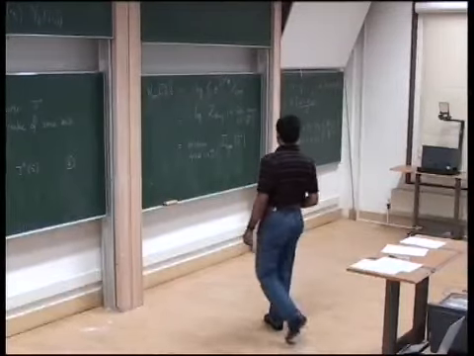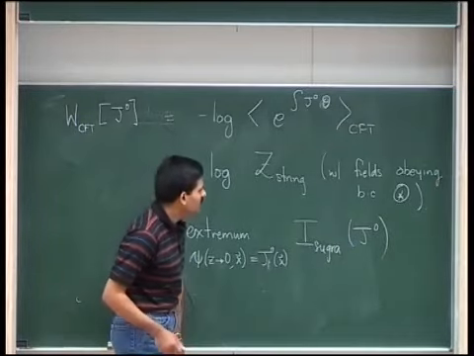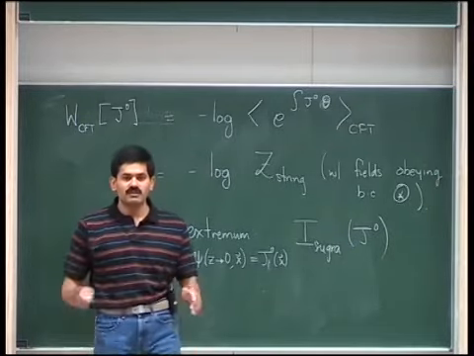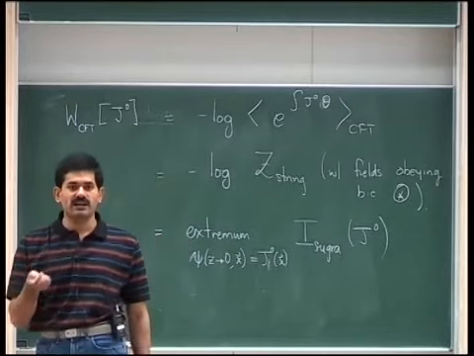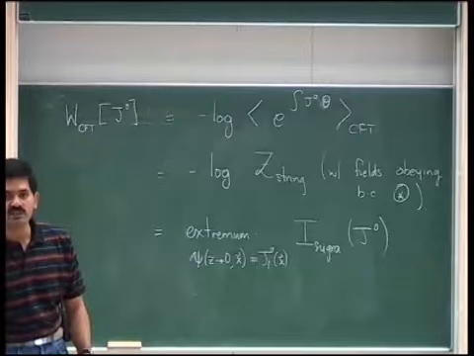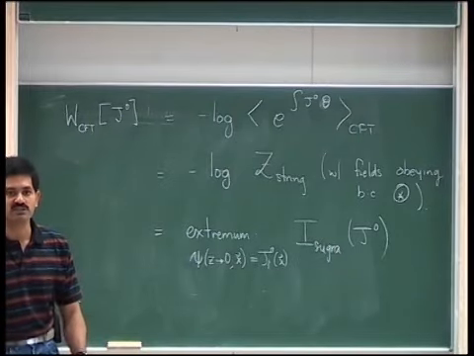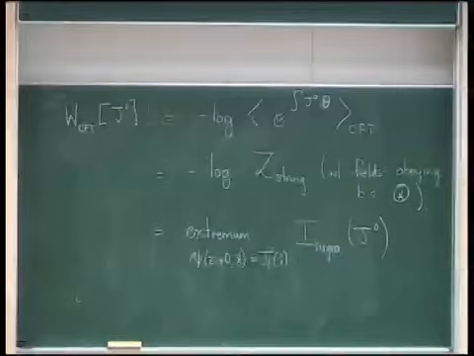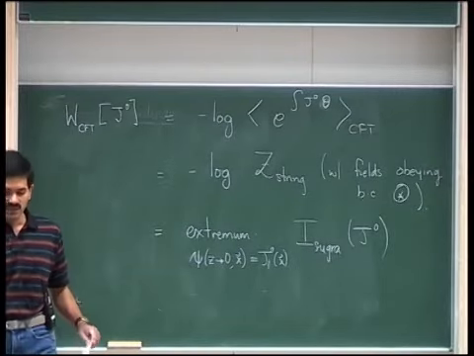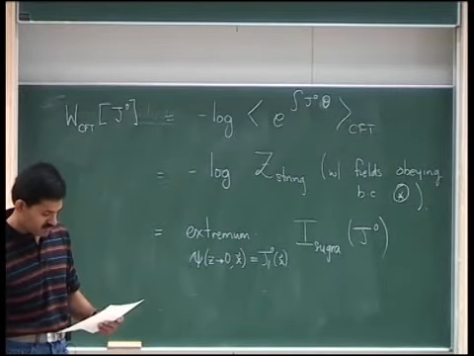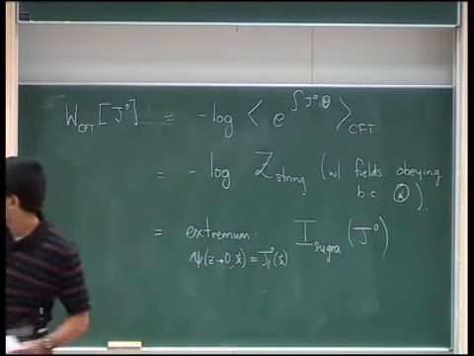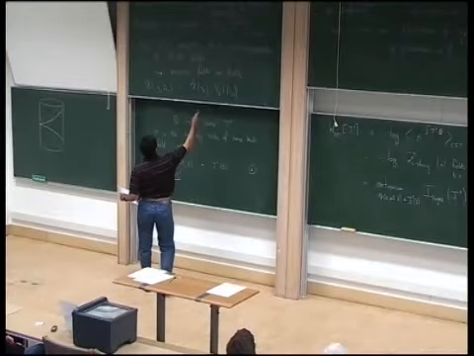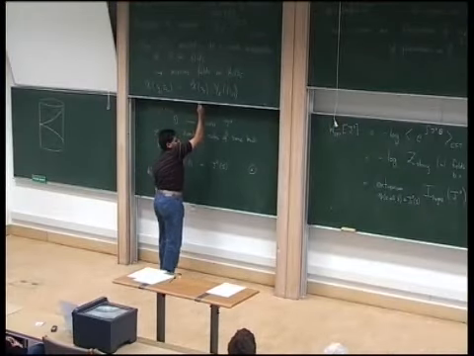Okay. So let me write down a couple more formal expressions, and then we'll go back and try to evaluate these explicitly for the case of 2 and 3 point functions to see how these things work. But even before that, something that was mentioned yesterday becomes manifest. So let me write down one more expression, and we'll see that.